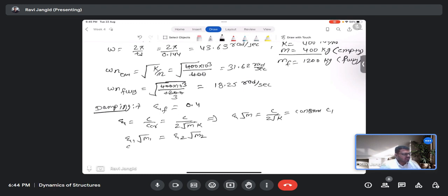So xi for the fully loaded into m of fully loaded equals xi for the empty into m of empty. Xi of fully loaded is given as 0.4, mass of fully loaded is 1200, xi of empty we need to calculate, and the mass is 400 kilogram.